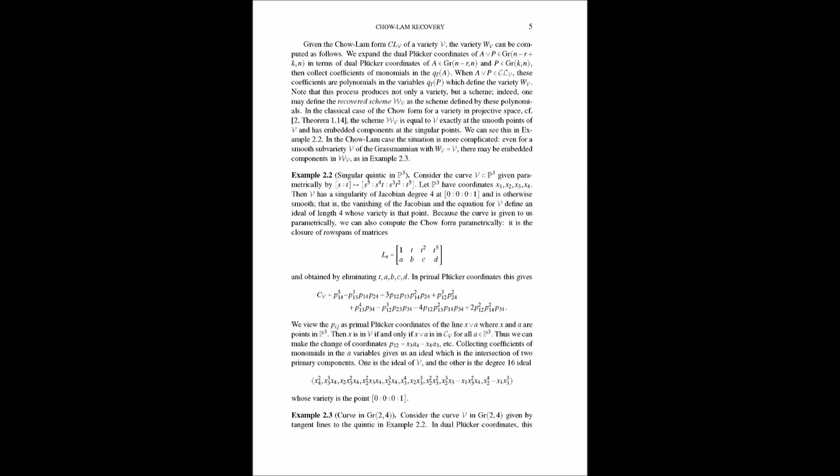Well, what they discover is that for certain families of Schubert varieties, the recovered variety contains additional Schubert components that weren't originally present in the variety. So we're getting those extra pieces again, those recovered components. We are, and these extra components are quite interesting because they're also Schubert varieties themselves. So it's like the Chow Lam recovery is introducing more Schubert varieties into the mix.